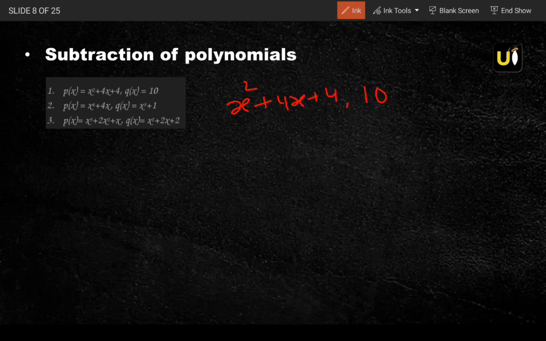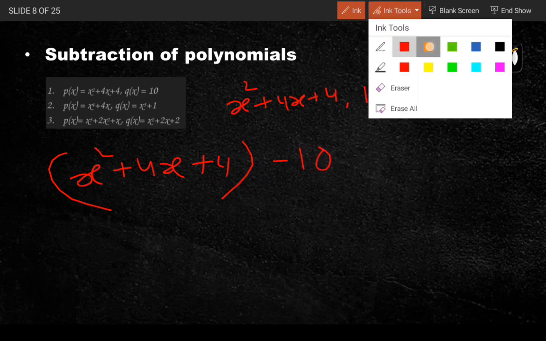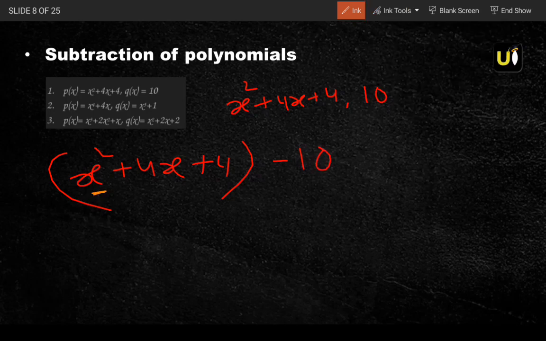This can be written as x square plus 4x plus 4 minus 10. See here, in the second polynomial we are having no x square term, so there is no subtraction required for this x square term. We'll write it as the same. And here the x term. In the second polynomial there is no x term, so this will also remain the same.